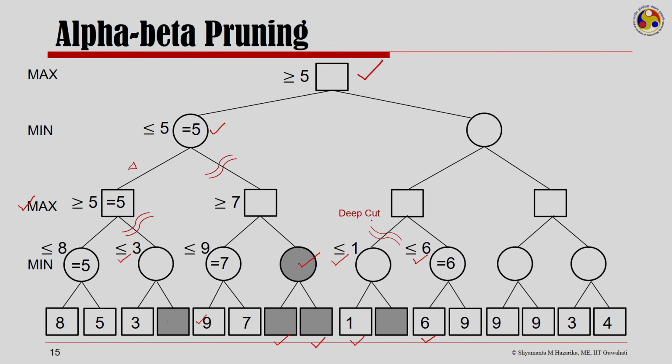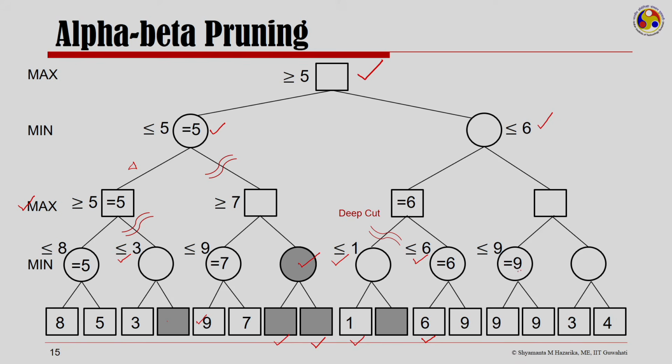This side of the tree which has been cut out does not exist for max. So, max would back up this value as 6. And now, focusing attention on the min node, the min will guarantee less than or equal to 6 at this node. I have 9 there, so I have a min node, so at least 9, less than or equal to 9.